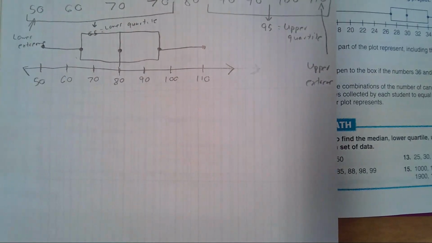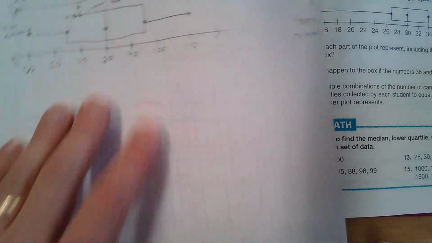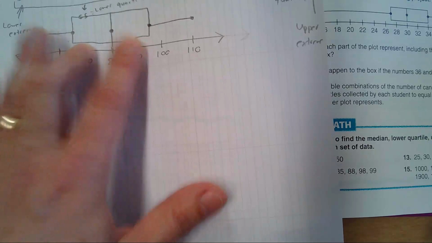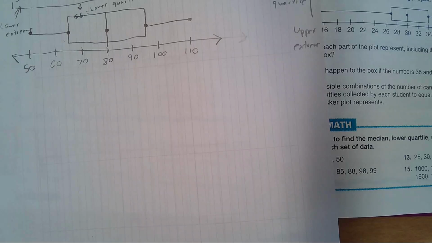But instead of going that far, we're separating it. We're calling this the lower quartile, the upper quartile, and then we're going to the extremes here. So I'll save that for high school. There's different ways depending what you're doing, but for our purposes, lower and upper constitutes what we need to know. Okay.